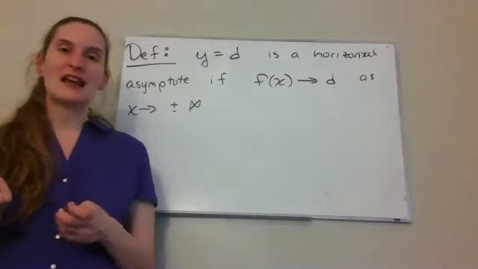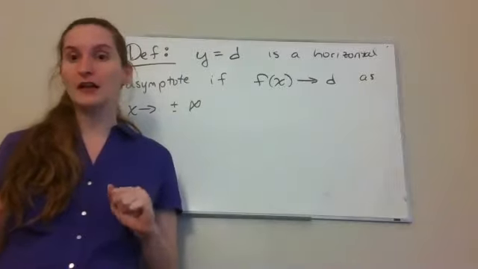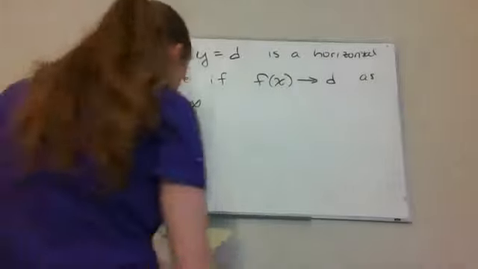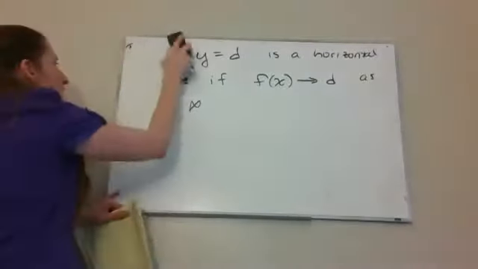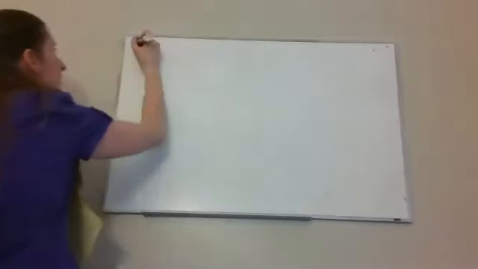The important thing is that on the far ends of the graph, it ends up flattening out to that horizontal line. That's all you need for it to be a horizontal asymptote. Now, how do we find horizontal asymptotes of a rational function?